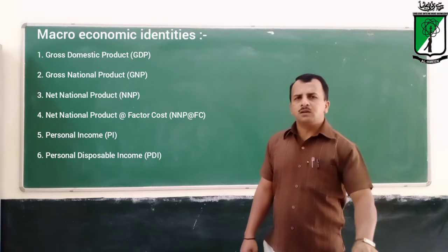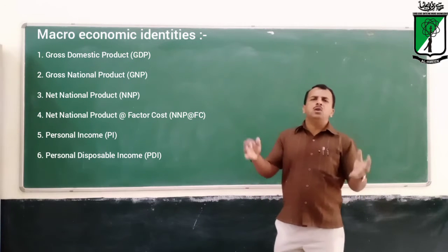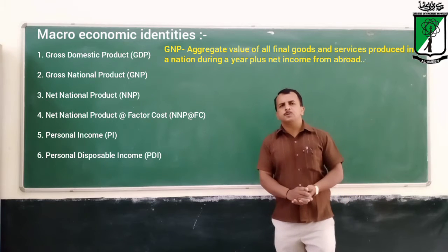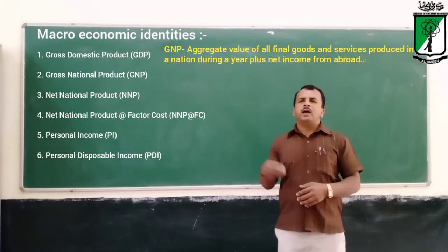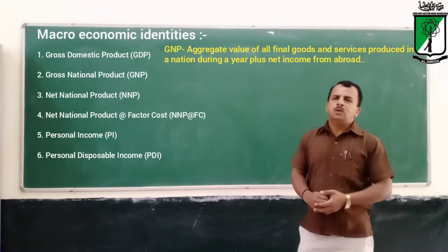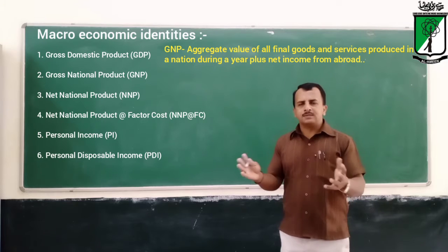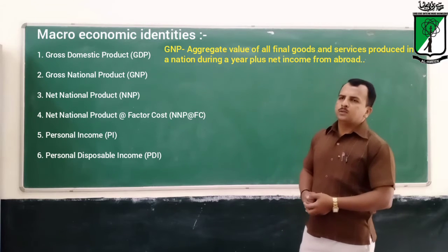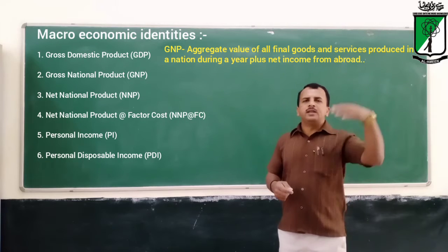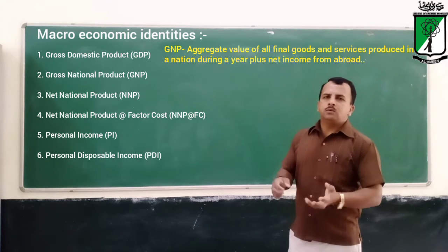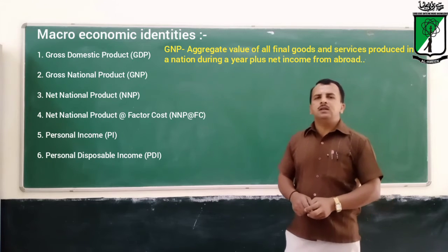GNP considers the aggregate value of all final goods and services produced within the country during a year, and also whatever income we have earned from outside, that is, income from abroad. So whatever we have produced within the country and also what we received from the outside, both will be counted under GNP, gross national product.